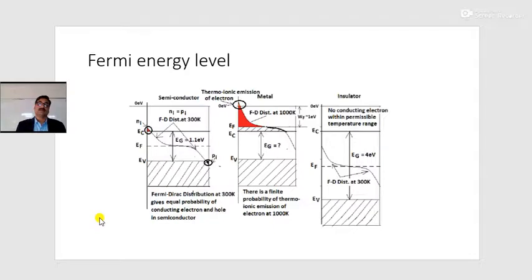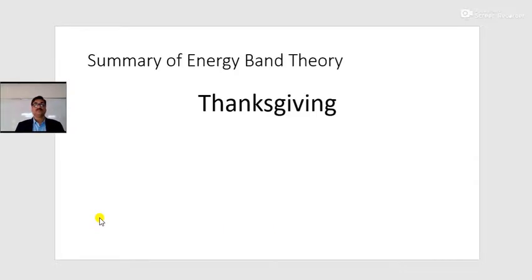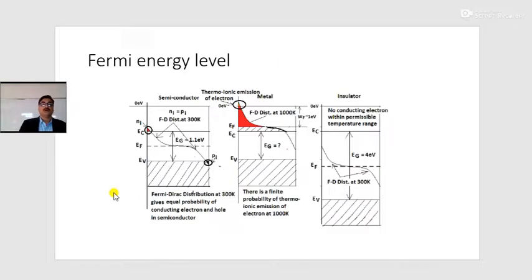Now we discuss Fermi energy level. Fermi energy level is defined as the energy level in the interatomic distance energy graph, and normally it exists in between conduction band and valence band, and it may be in the upper part of the valence band.